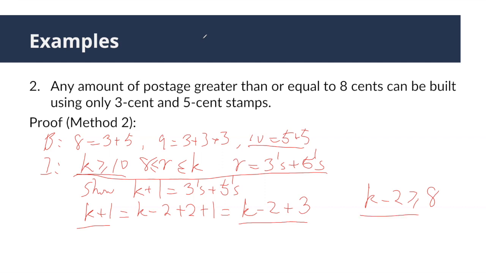You can see k minus 2 is obviously within this range. So you can conclude k minus 2 is equal to a summation of 3s and 5s. And since you add another 3, of course, you can conclude k plus 1 is equal to a summation of 3s and 5s.